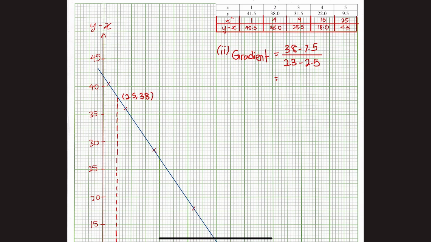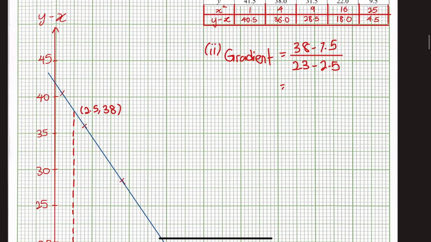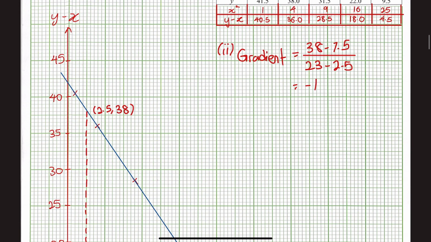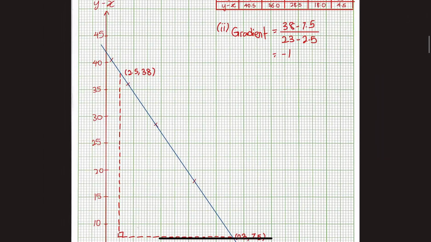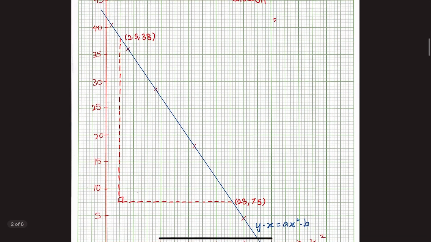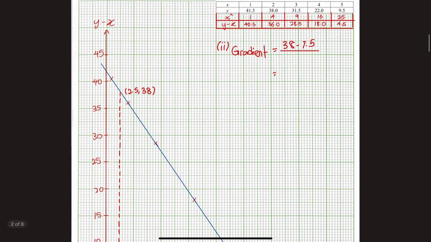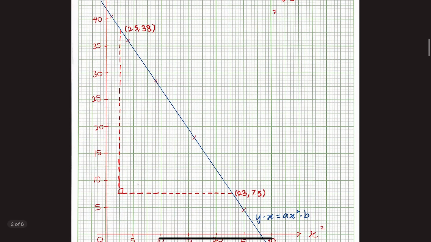Okay, so based on my calculations here, I will get negative 1, oops, okay, did I put my gradient wrongly? It should be 38 minus 7.5 over 2.5 minus 23.